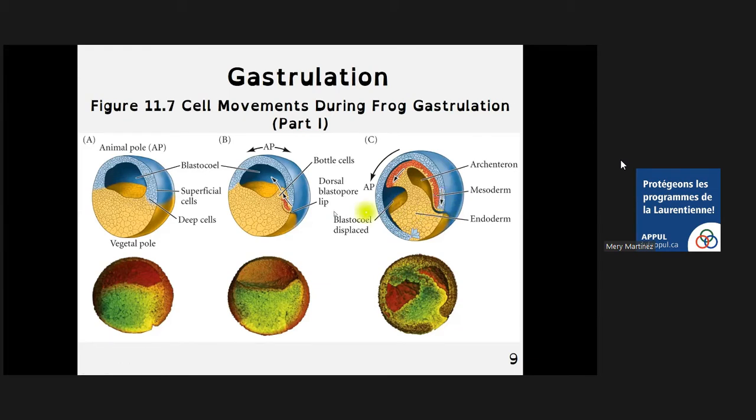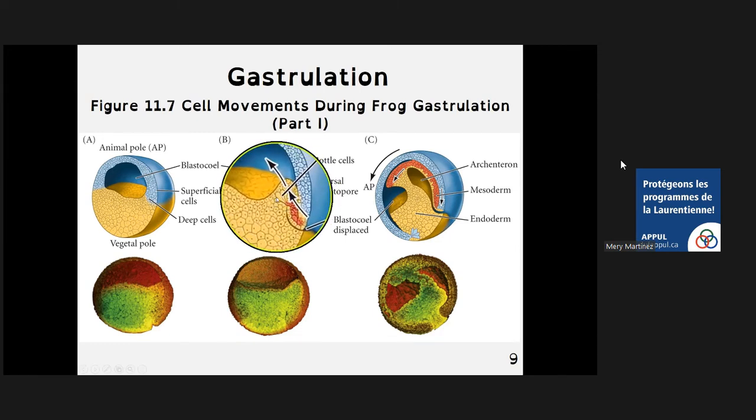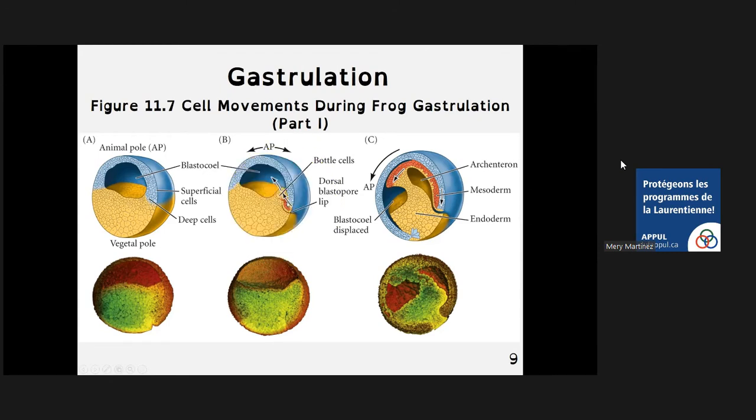Now, the cells that are placed here at the edge and start invaginating, the ones that are leading. So these cells here, you see how they change shape a little bit, the ones that are leading the archenteron? These are called the bottle cells.